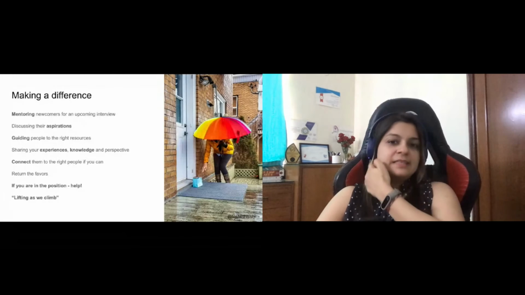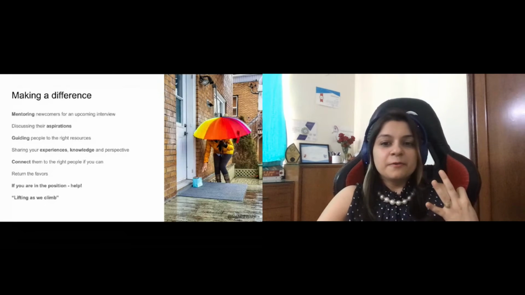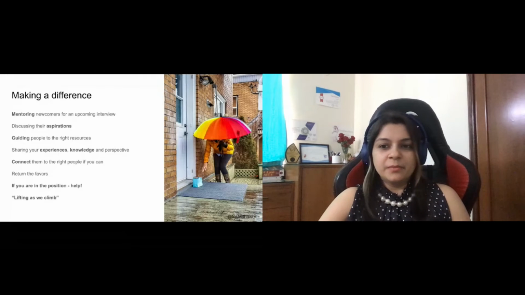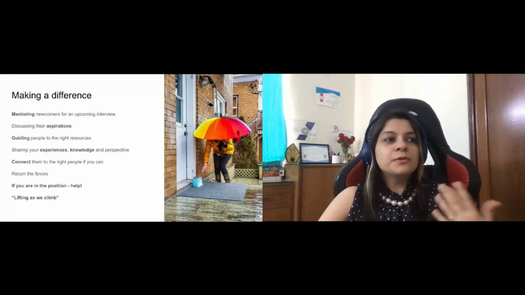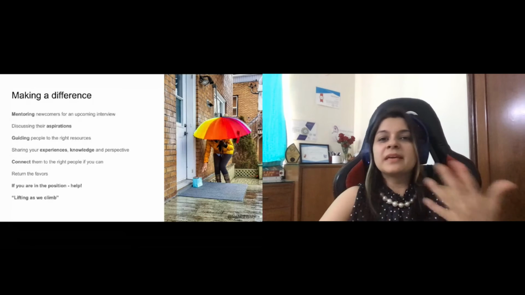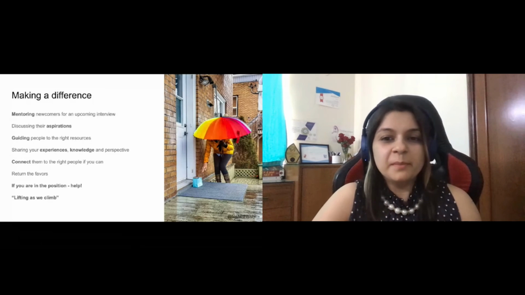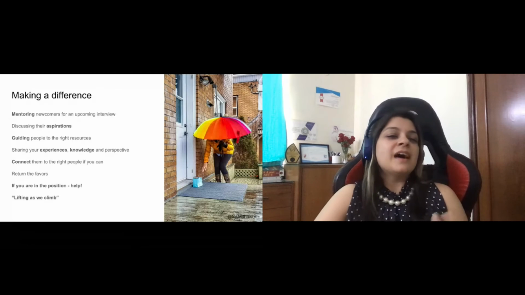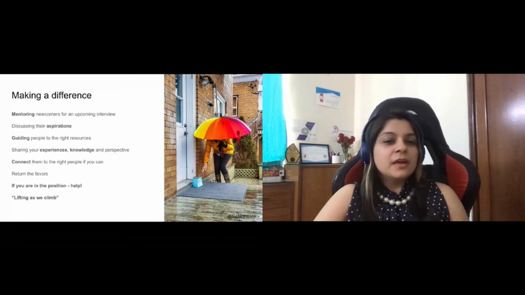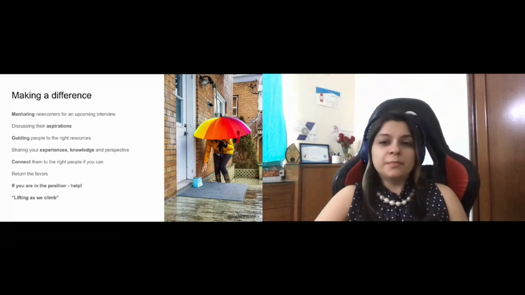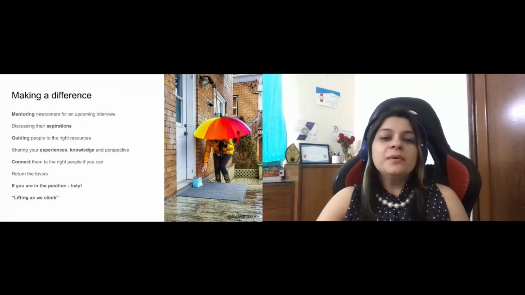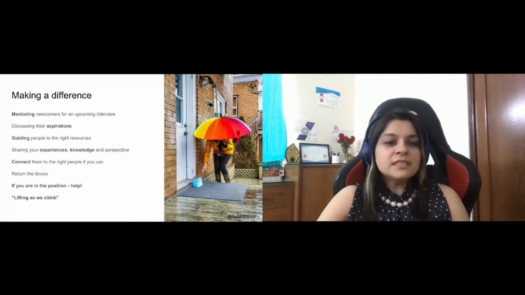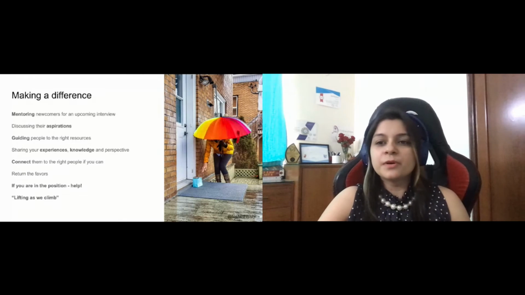Okay, so making a difference. That's the third way, and the most important way we should look at tech communities, because you should always be not just taking but also giving back. So if you're trying to start making a difference or use your abilities and your platform to help others, look to communities. It's not just that you can help people by getting them jobs or interviews.